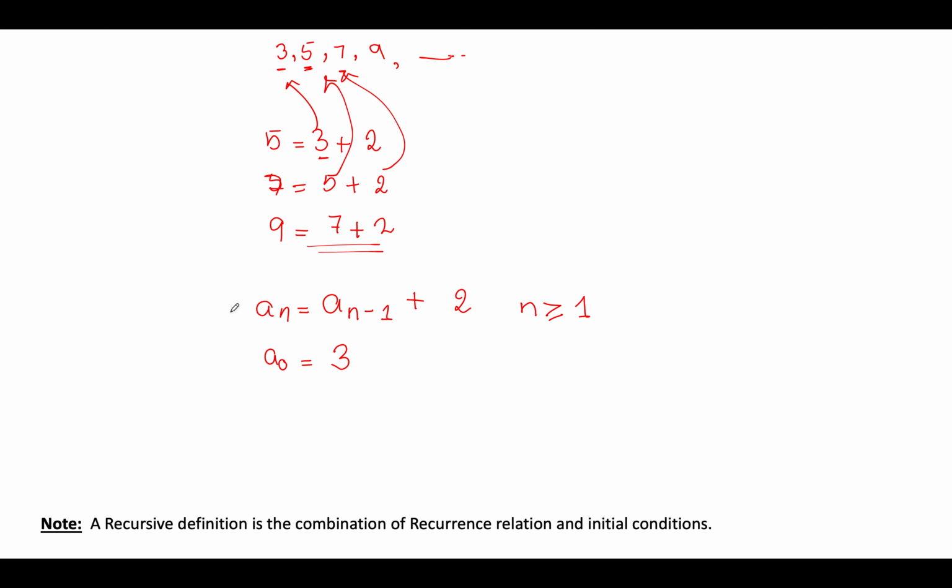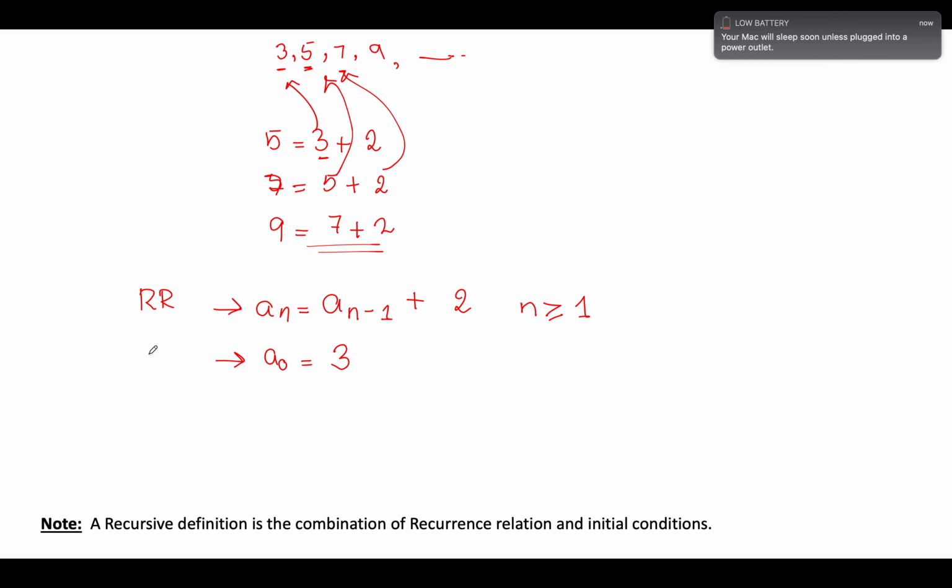Okay, this is the recurrence relation, and we can have it as RR. And this one is the initial condition. Now the combination of the recurrence relation and the initial condition give me the recursive definition.